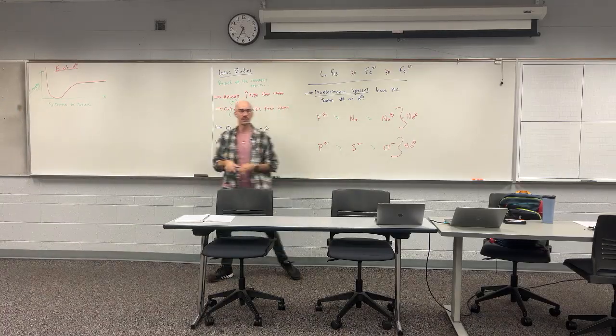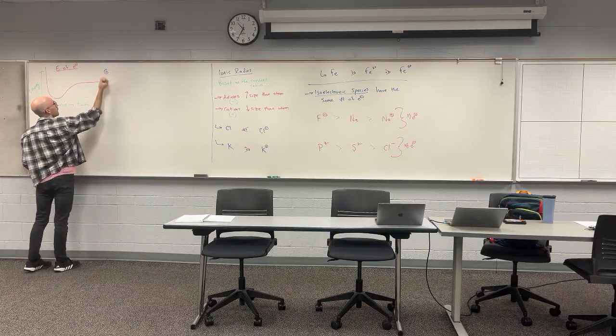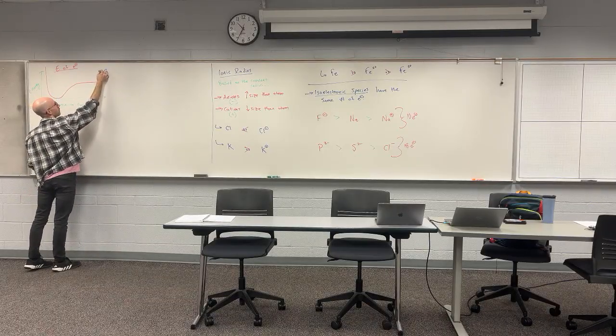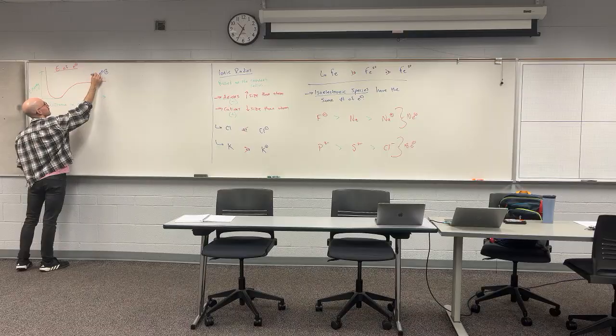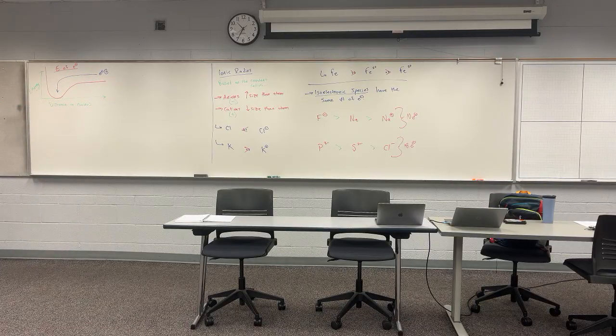So I want you to imagine two things. First, imagine that we take an electron and we put it into this energy well. What we're doing is giving an electron to a species. Does that process require energy or give off energy?